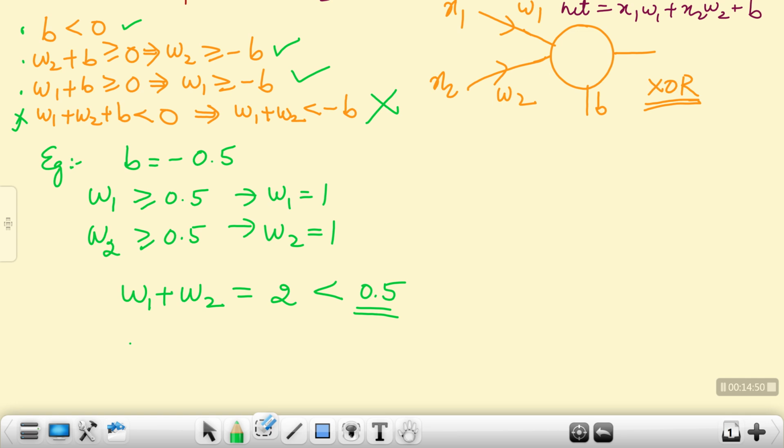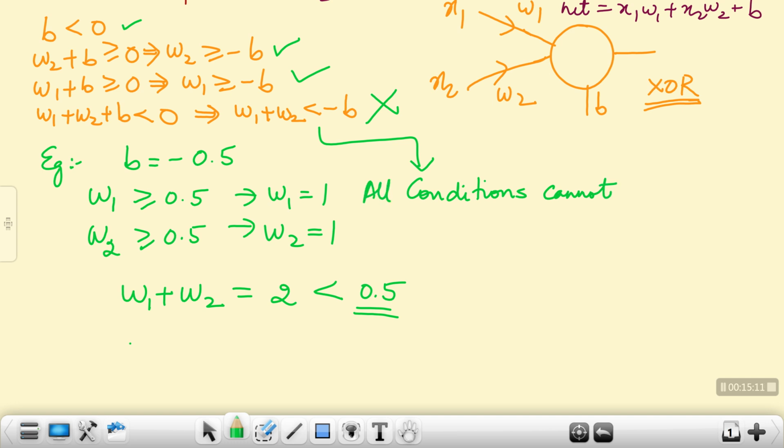So you can write as a conclusion that these 4 conditions, which are coming from the truth table, cannot all be satisfied by using a single neuron.